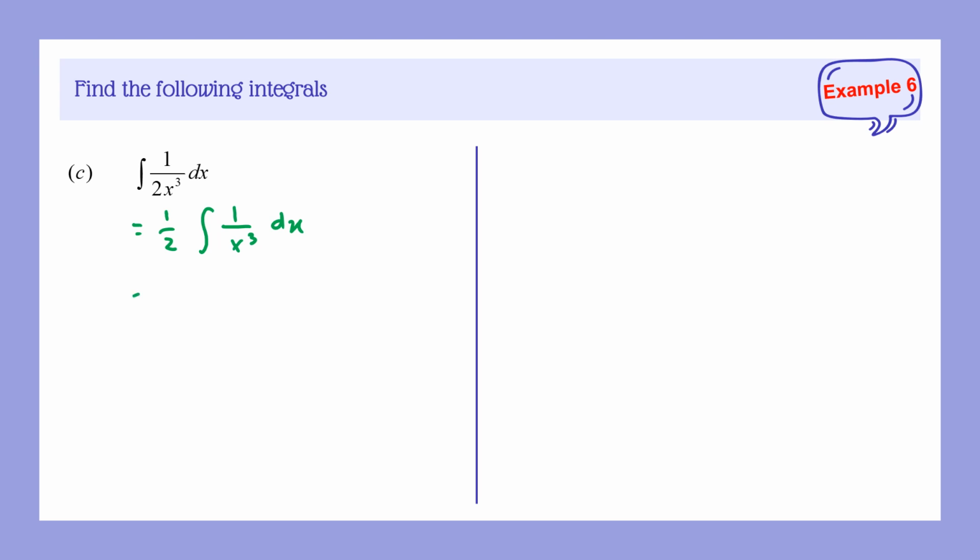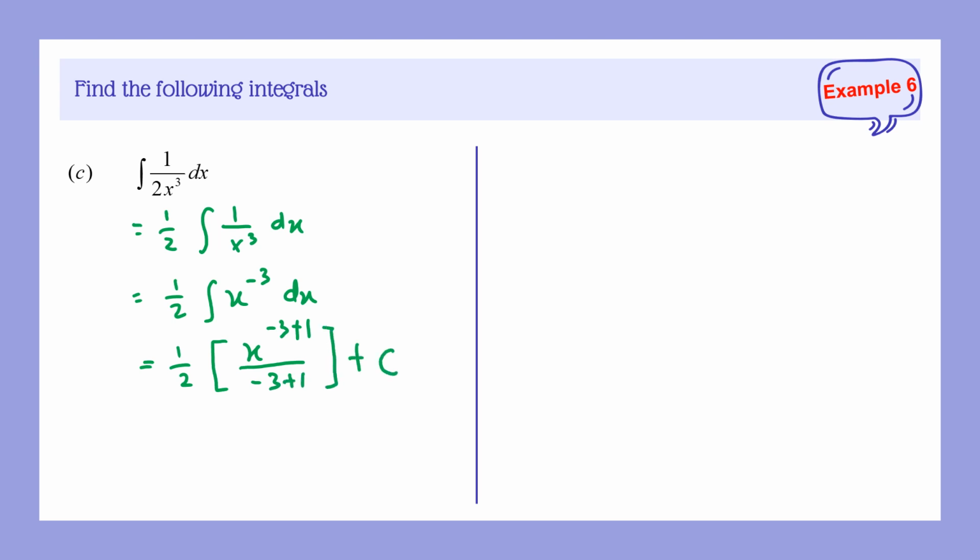So then we get 1 over 2 integrate x to the power of negative 3 dx. And then we integrate, so then we get 1 over 2 x to the power of negative 3 plus 1 over negative 3 plus 1 plus c.